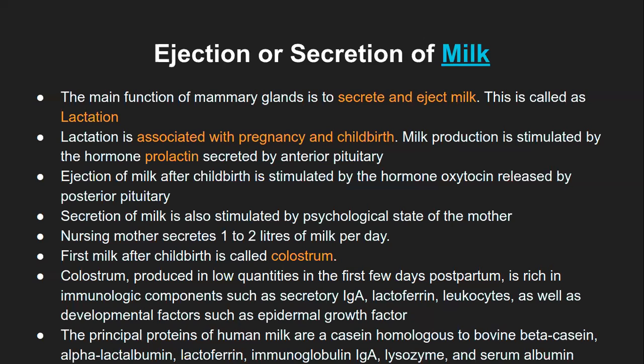The principal protein of human milk is casein, which is present in cow milk or buffalo milk as well. Casein is a type of protein, and this is homologous to the bovine beta casein. Beta casein is a different structural part of the casein molecule, and bovine refers to the cattle family.